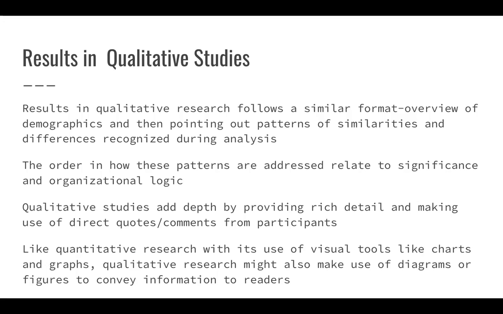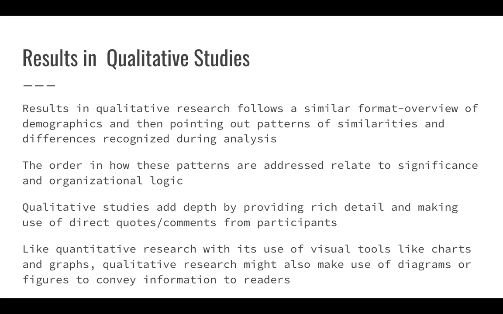And then in terms of findings, once you move past demographics, findings for qualitative studies are usually focused on pointing out patterns of similarity and differences that were recognized during the qualitative analysis. And so how they present these patterns, your book goes into detail.